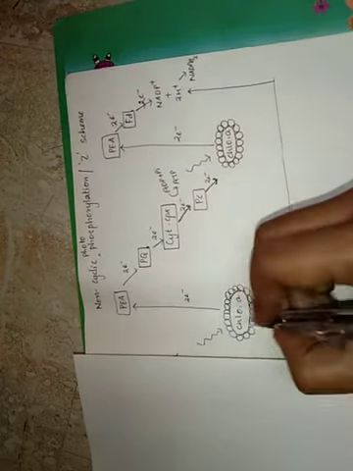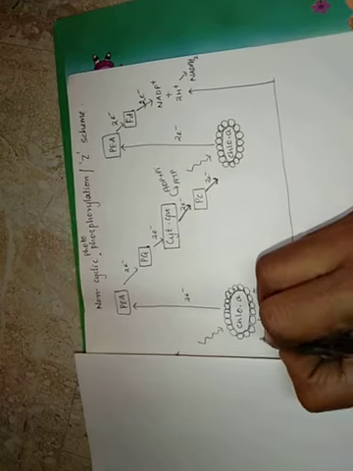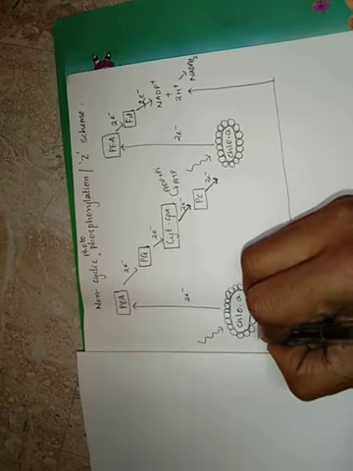So here the first thing, the photosystem 1, that is P700. Sorry students, again note it down. It is PS2 first receiving the light. It is at P680 nanometer.